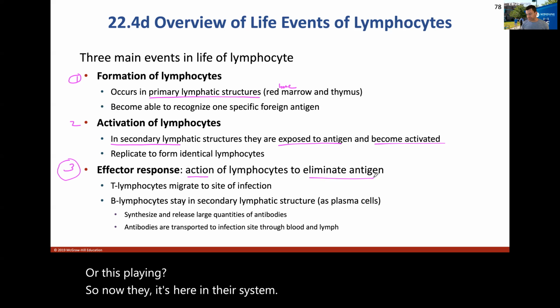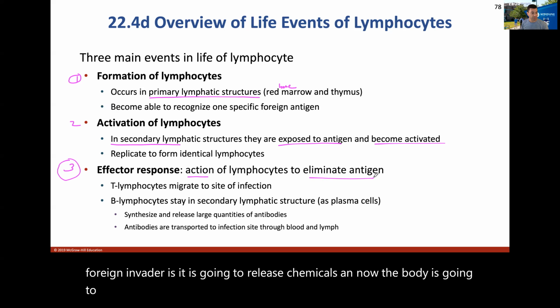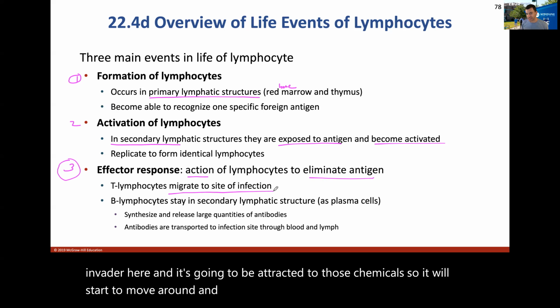Bacteria, viruses, parasites, whatever the foreign invader is, it is going to release chemicals. And now the body knows there's a foreign invader here, and it's going to be attracted to those chemicals. So it'll start to move around. And T lymphocytes, they'll migrate to the site of infection.